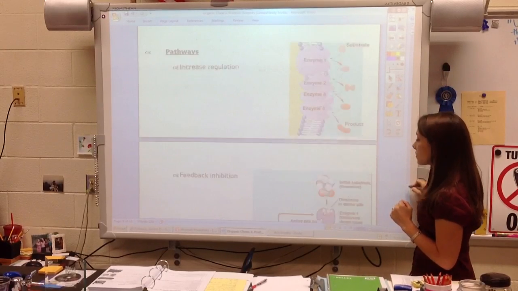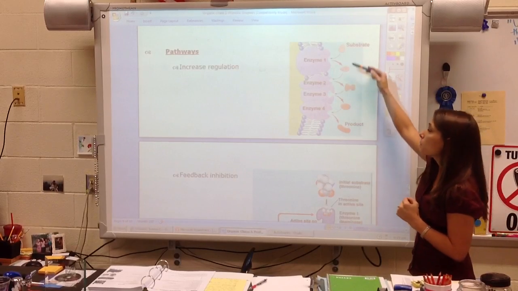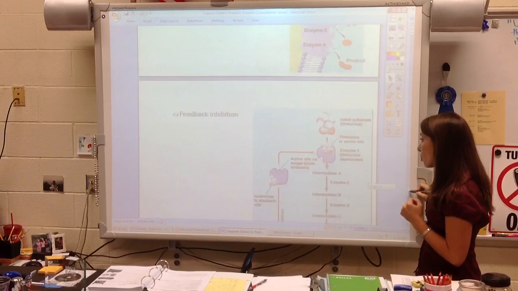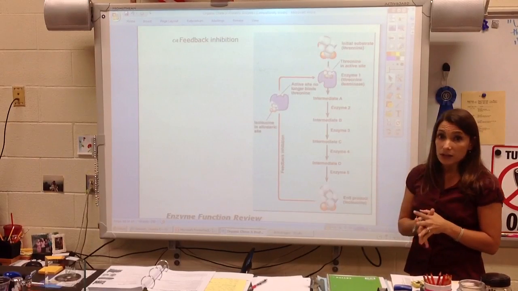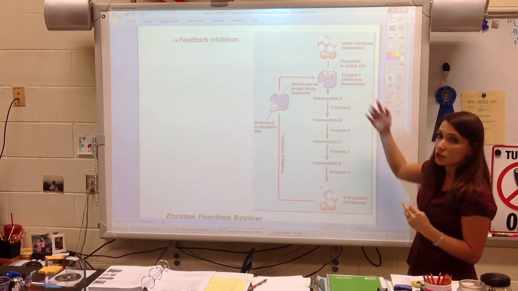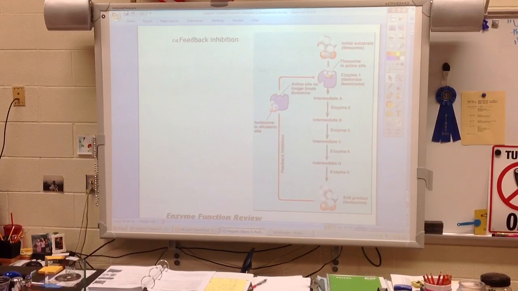All of this comes into play when we talk about pathways of an enzyme, putting multiple enzymes together, and then being able to control what part of the pathway is working. And we'll talk more about pathways and feedback inhibition in the next section.